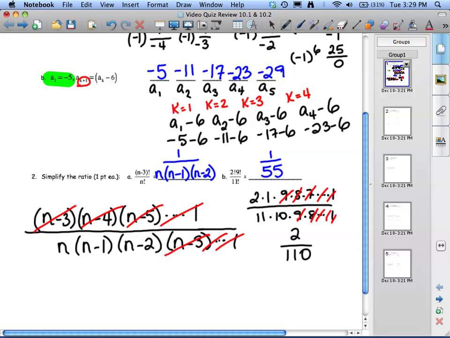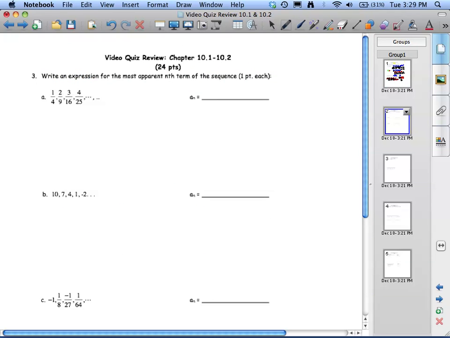There will be a section next where I ask you to write an expression, a sub n, to give me what this term is. I'm hoping that you will notice squares here. 2 squared, 3 squared, 4 squared, 5 squared. But when I start, you'll notice that the top number is simply what term we're on.